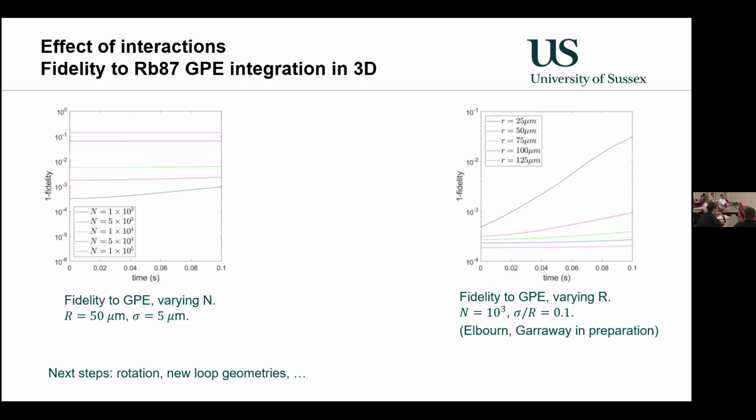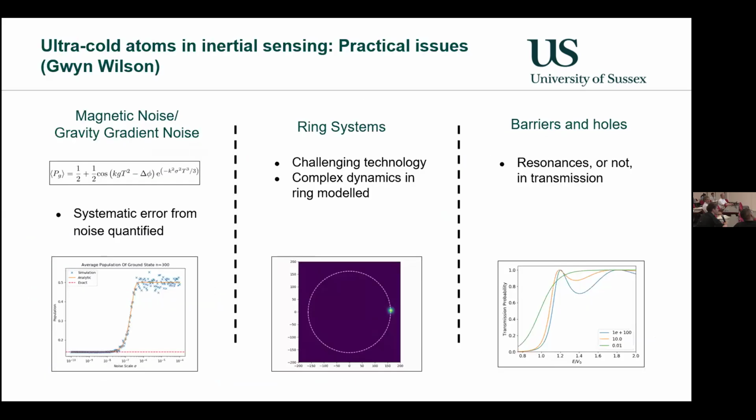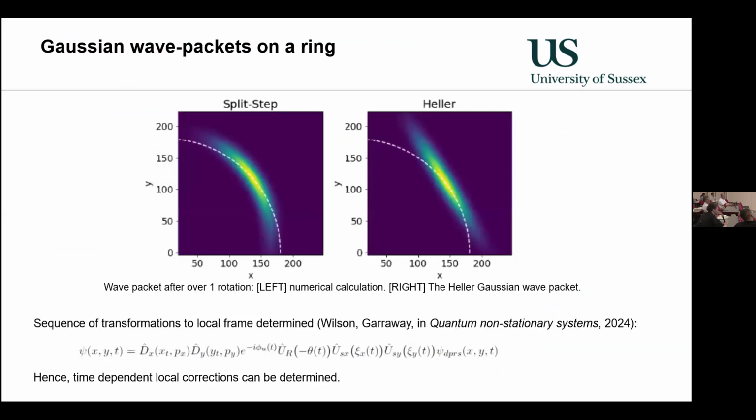Thank you. Just a technical question on your last slide, because you had this split step versus Heather method. Are you saying that one of them is the incorrect and one is the correct way of calculating the dynamics? I just didn't quite understand what was going on here. The main point here is that we developed the mathematical tools to understand the essential behavior of the wave packet motion pretty much exactly.